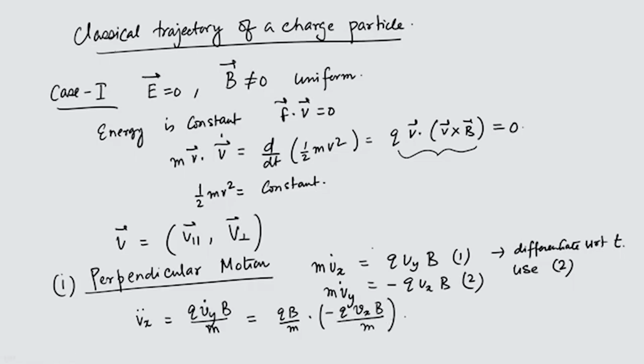So, this becomes equal to minus (qB/m) squared Vx, and this is nothing but minus, which we have written earlier, omega_b squared Vx, where omega_b is equal to qB over m, which we have called the cyclotron frequency even earlier.